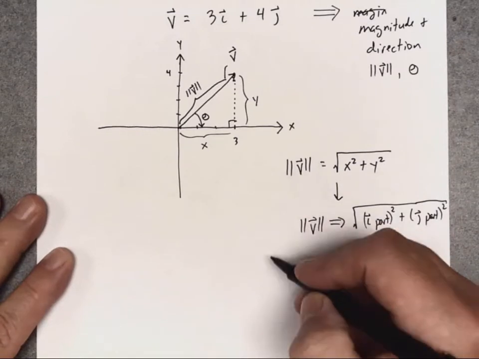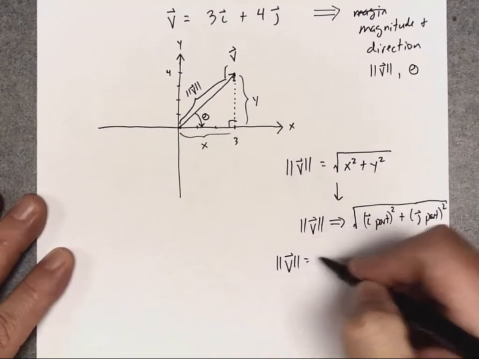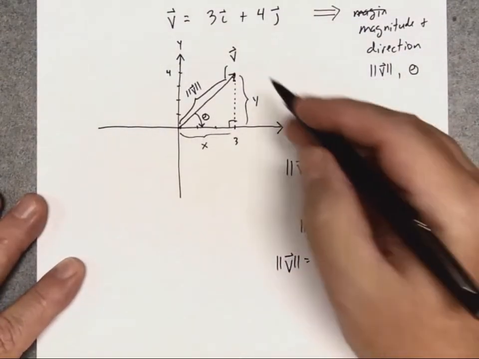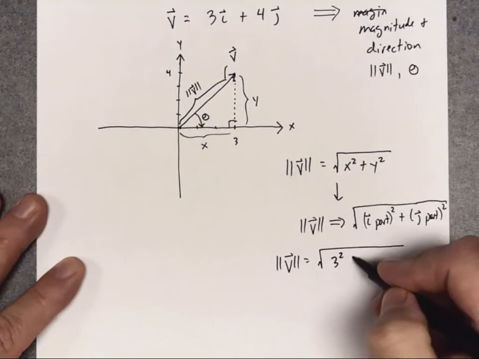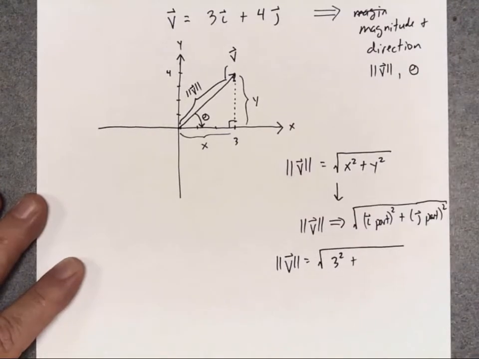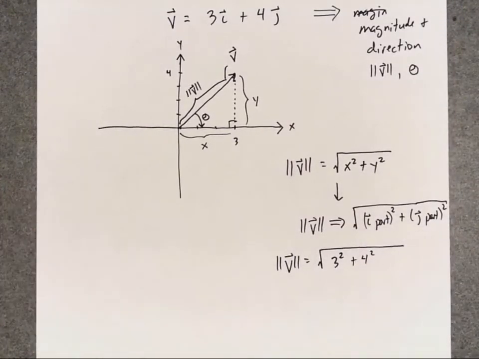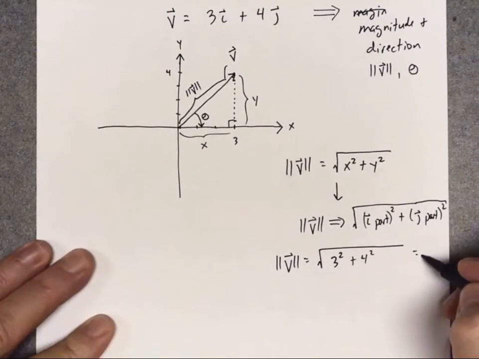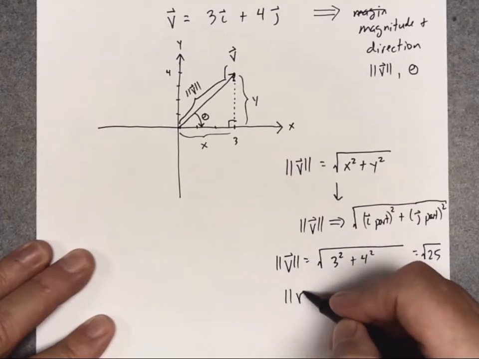So for our specific problem, the i part of our vector v is 3 squared, plus the j part, or the y part of our vector v is 4 squared. So this is 9 plus 16, which is square root of 25.